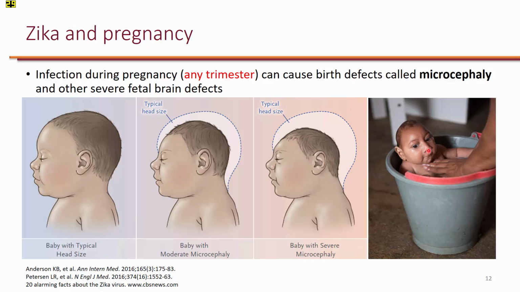This is an actual picture of a baby that was born with microcephaly associated with Zika infection. Among all these viruses that I mentioned so far, Zika is the only one that is actually known to be teratogenic.